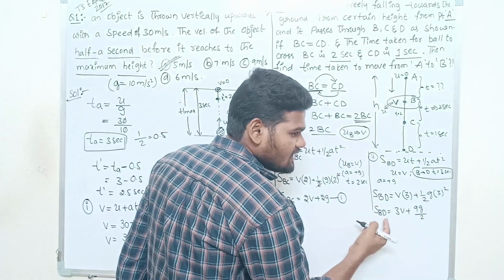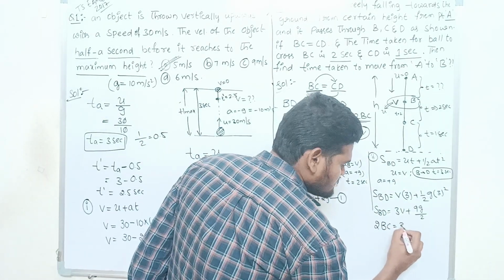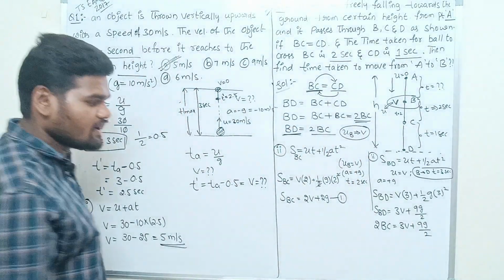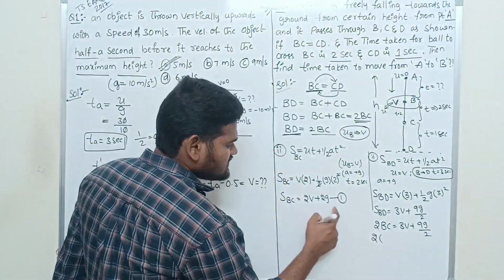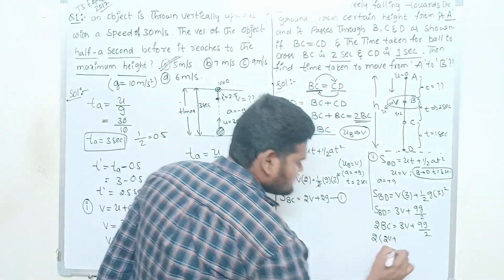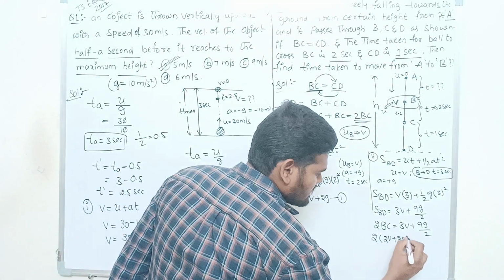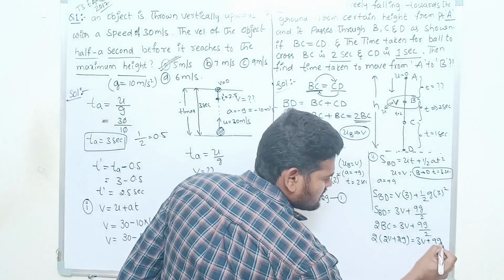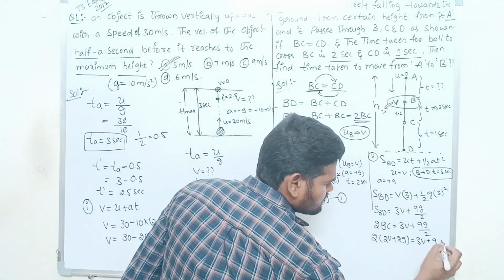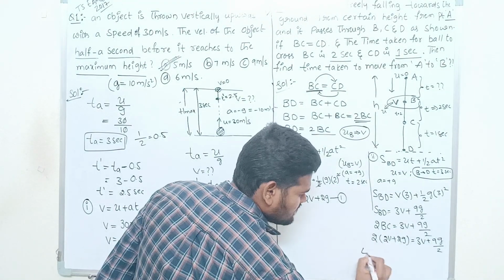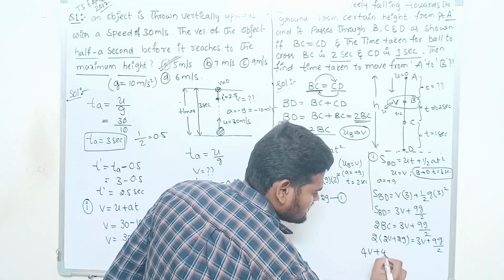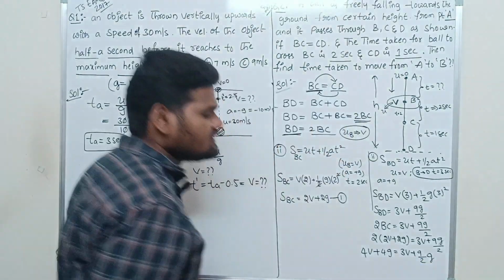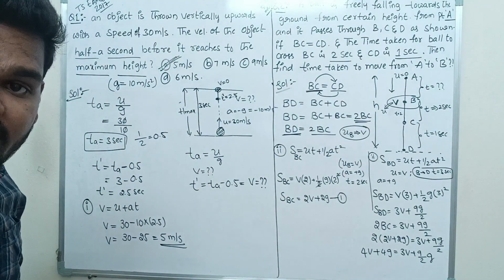2BC is equal to 3V plus 9G by 2. So 2 into BC, which is 2V plus 2G, is equal to 3V plus 9G by 2. So 4V plus 4G is equal to 3V plus 9 by 2 G. Are you able to see the board?